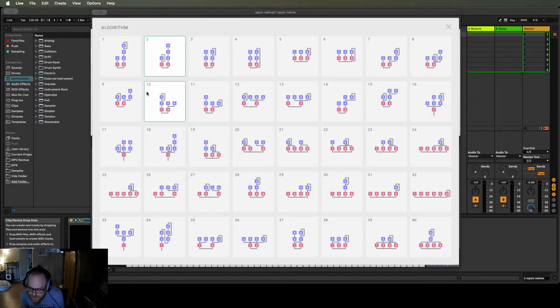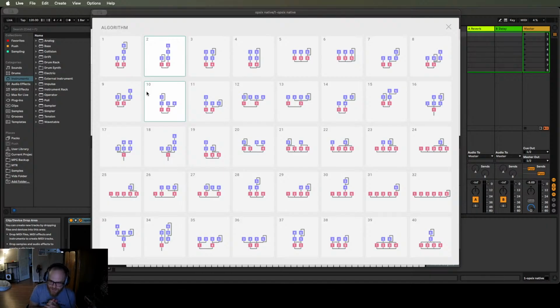Because it is a clone of the DX7, it is a little confusing, I would say. It definitely uses the older terminology. It's much easier than a DX7 because it is full screen. You can see everything at once, but it does still use some older terminology, and it's not the easiest thing to use for sure.